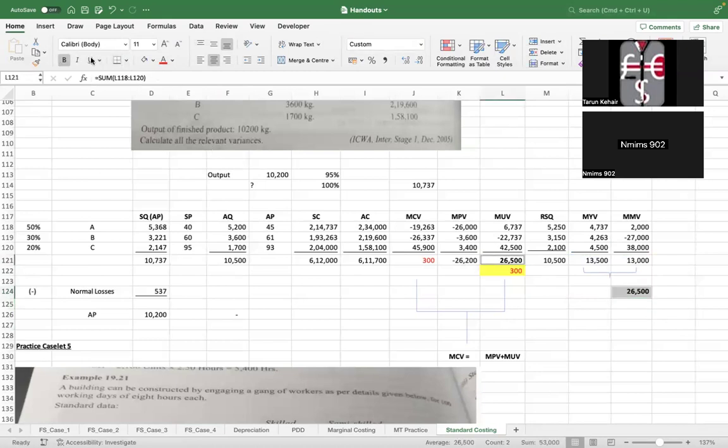Which means we have now split the usage variance further into yield variance and mix variance. That means we are able to establish the relationship that usage variance is nothing but the addition of your yield variance and mix variance. Clear? So that is how you deal with normal losses in standard costing.